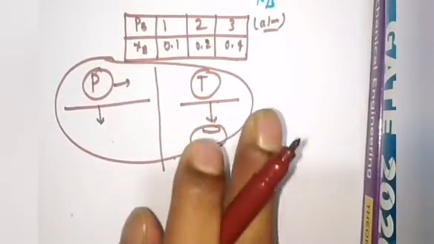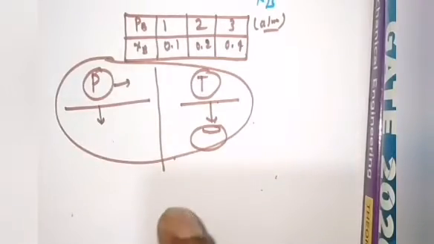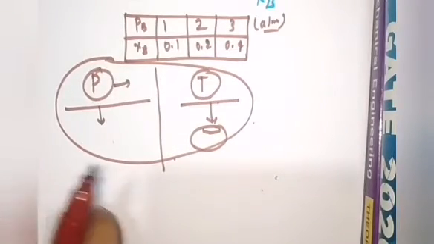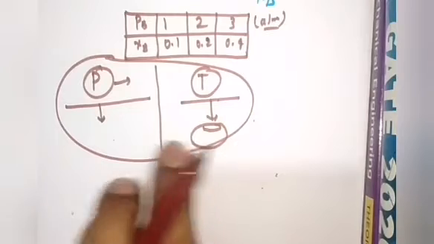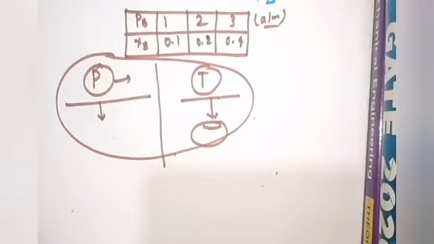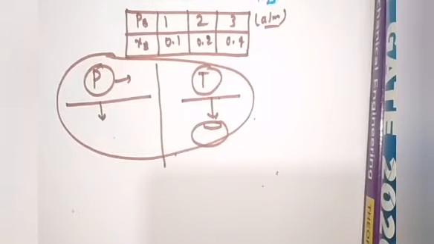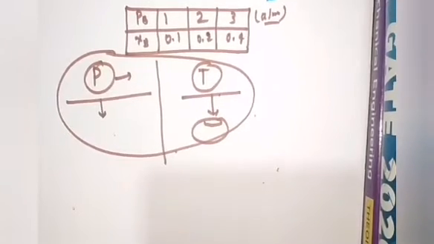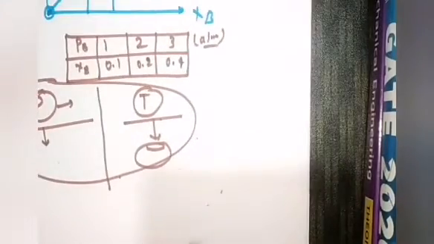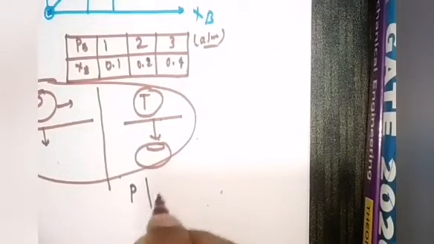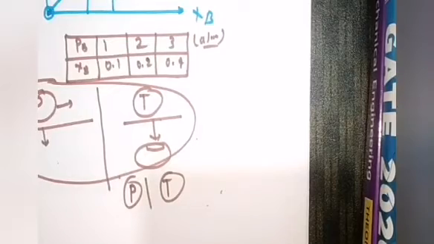Out of two parameters, one parameter you have to keep constant. If you vary both of these, then the mathematical calculation will be very difficult and you can't calculate it easily. It will be a very high level thing. So in your syllabus, you just make pressure constant one time and temperature constant the second time, and make the calculation very easily.